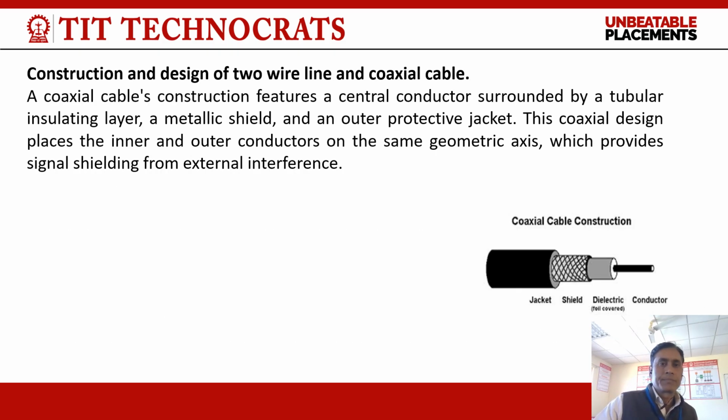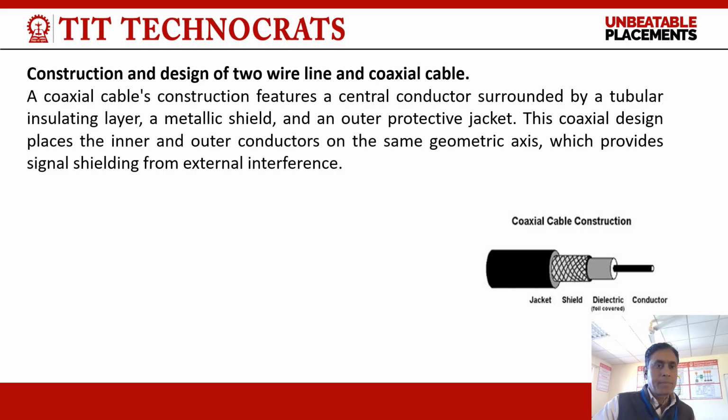In this slide, the last topic of Unit 4 is coaxial cable. It is also taught in Unit 5. A coaxial cable's construction features a central conductor surrounded by a tubular insulating layer, a metallic shield, and an outer protective jacket.